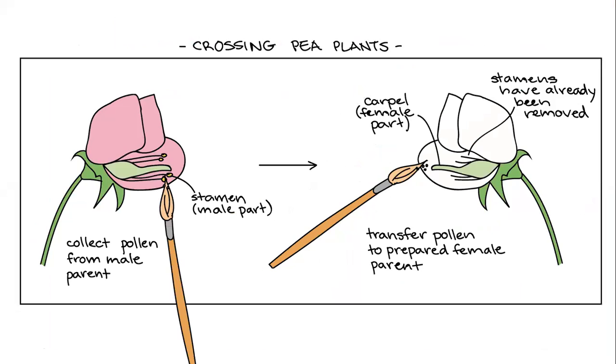What he did is he cut the anther, which is responsible for making the pollen, the male sex cells, as you can see on the right here. So this white flower will not be able to produce seeds now because it does not have any male sex cells or any pollen. And he took the pollen from the other flower and cross-pollinated the white one.